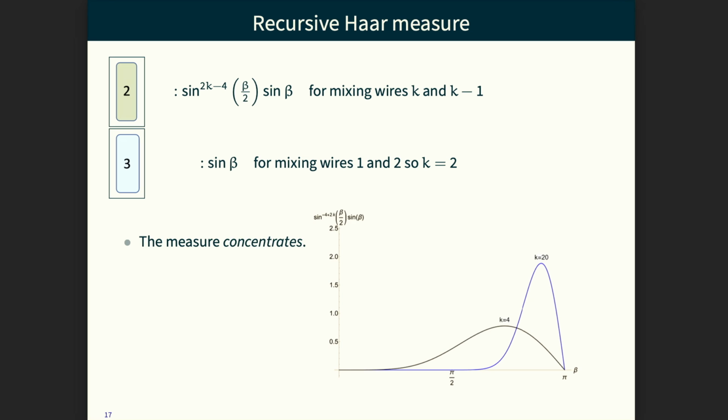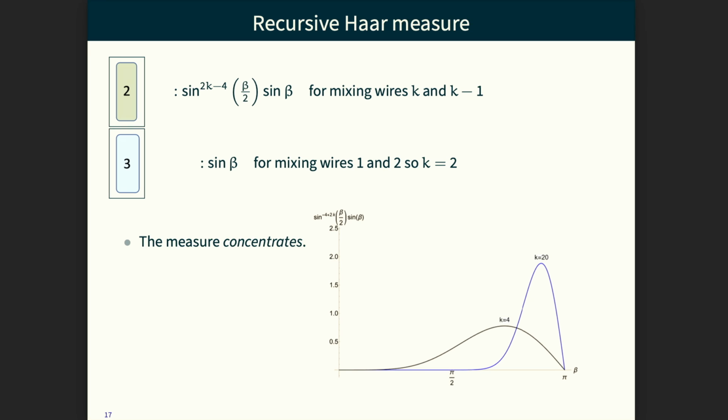Now, what's interesting is that the measure concentrates. So what I mean by this is as follows. As I go higher up the spine, I pick up a larger and larger factor of this sine factor of half the angle. So here's an example for K equal to 20. Here's an example for K equal to 4.